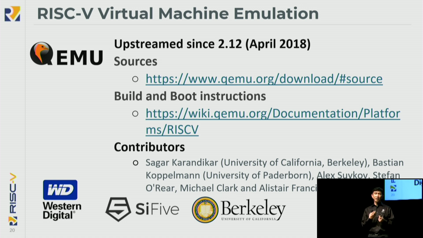Now, with RISC-V, due to the lack of availability of RISC-V hardware itself, the need for a virtual machine emulating RISC-V became quite important. As such, there was work done in QEMU as well in order to support RISC-V, and that has also now been upstreamed and is available for download.